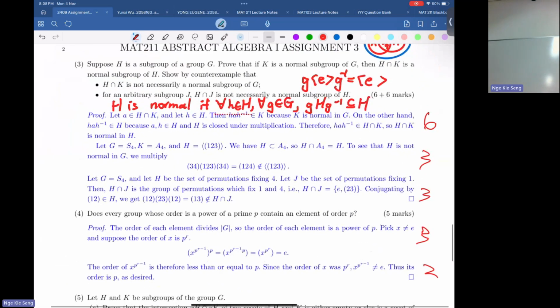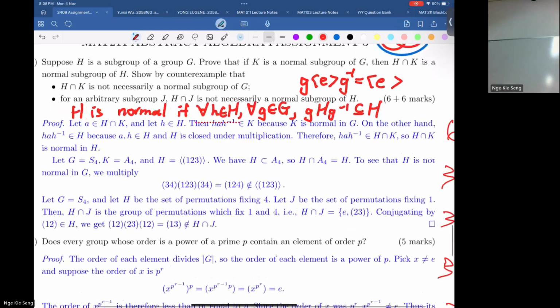来，孙佳怡，知道为什么它 normal 吗？为什么 trivial subgroup normal？因为 G inverse 你又拿回你自己，所以它一定是 normal。OK 吗？看得到吗？OK。Yeah.